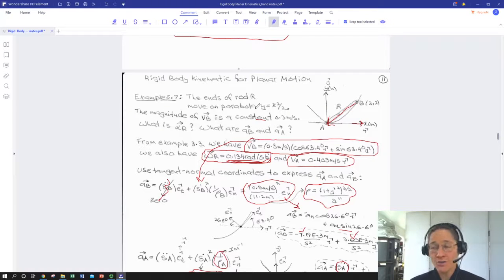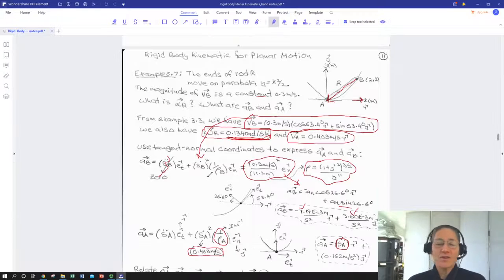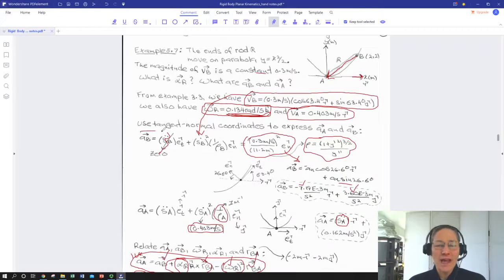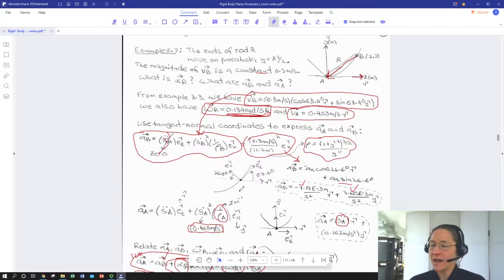We always have our expression relating acceleration at two points on a rigid body to each other via the angular velocity and acceleration of the rigid body with respect to a fixed reference system. But there's nothing wrong with pulling out our basic kinematics and using that to solve for some unknowns or to shed insight that we need to create some expressions that will tell us what we need to know.